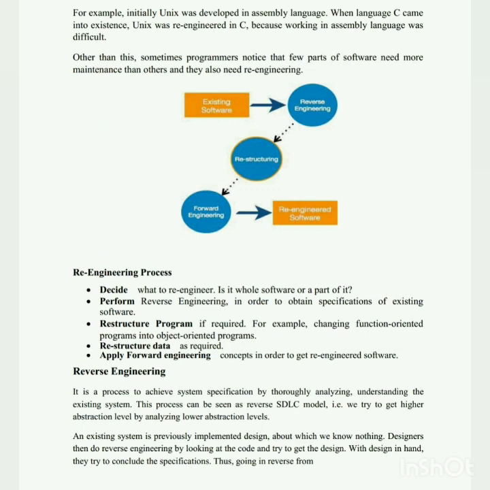That means by looking at the code, he will try to get a design. Suppose, on the other hand, he has a design, then he can work out the other phases of the software life cycle. That means we go to the higher abstraction level by analyzing the lower abstraction levels of the process.